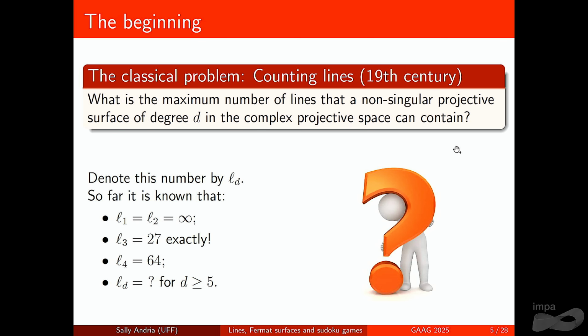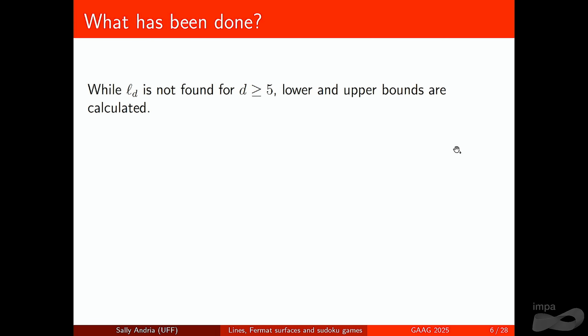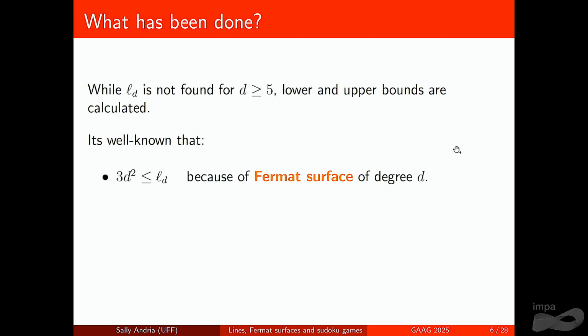And what has been done? Mathematicians have been trying to find upper and lower bounds. Until now, we know that the lower bound is 3D squared, by the Fermat surface.